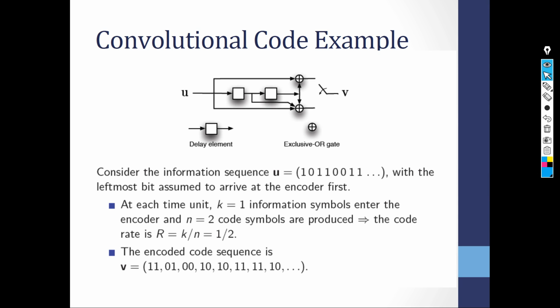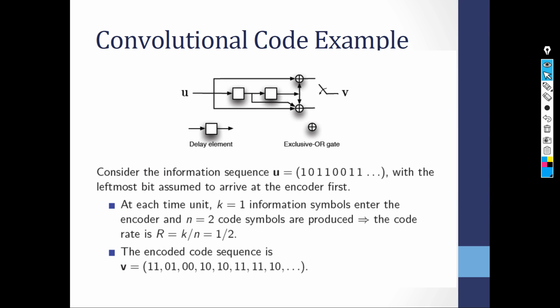So at each time unit, K equal 1 information symbol enters the encoder. Only one bit enters the encoder. And N, the number of output bits, is 2. 2 code symbols are produced. The symbols here represent bits because we are using bits.